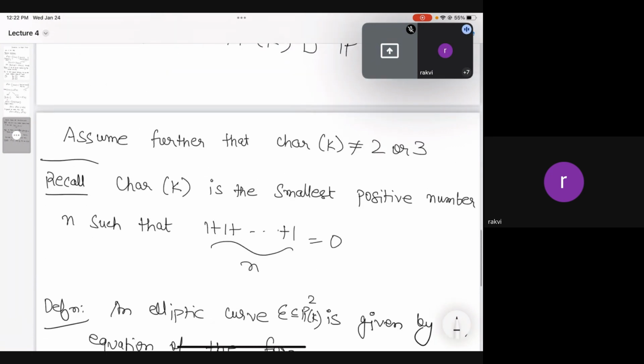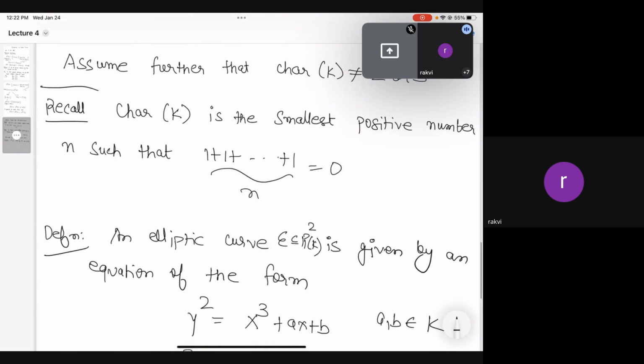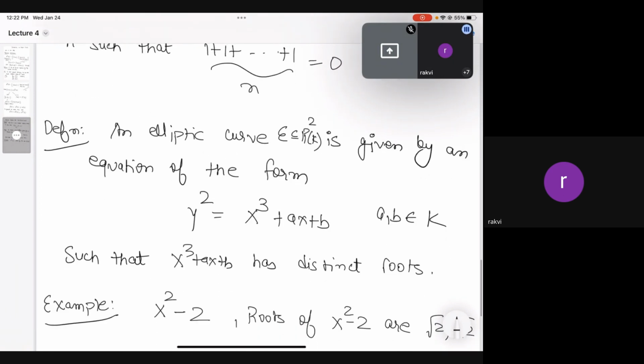Now, just a technical thing, and please let me know if you want to discuss this in detail. I can discuss that, but for a first introduction, I want to use minimal equations, in the sense that I don't want to expose you to too many equations at one point. If you go to any textbook, this is not how elliptic curves are defined.